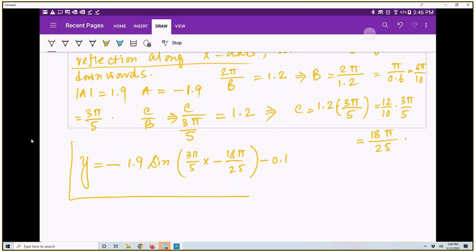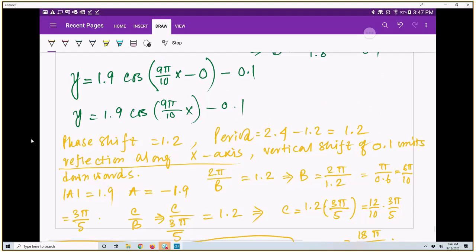So that is your final form of the function. So the same graph can generate a sine function. It can also generate a cosine function depending on which way you want to write down the function.